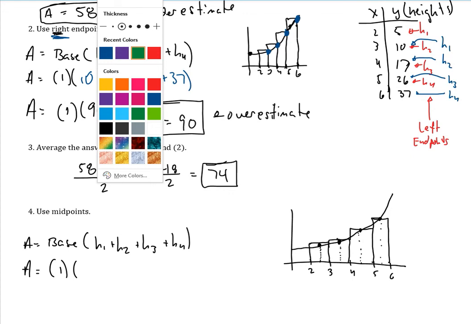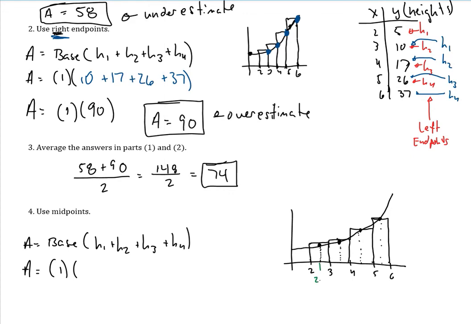Okay, so what's important for us in this one, let's do green. The midpoint is using 2.5, 3.5, 4.5, and then 5.5. So these are the x values that will help us. The first table I was able to use twice in the two different scenarios.